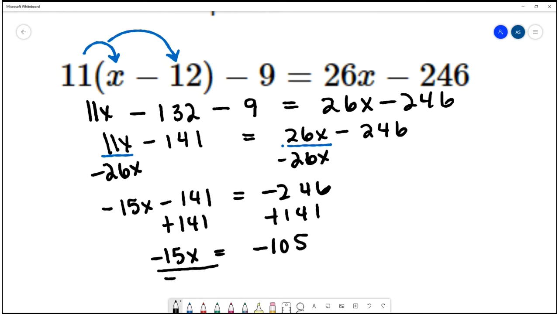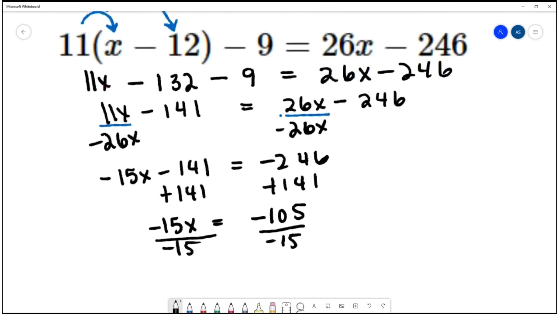I'll divide both sides by negative 15 to isolate that x, and that gives a positive 7. So the solution to this equation is 7.